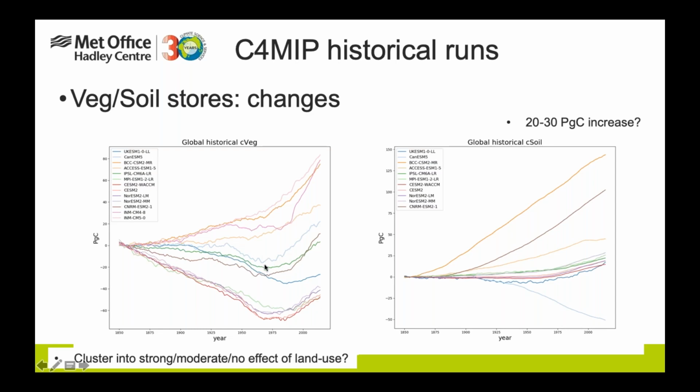Then you've got a cluster in the middle that have a slightly weaker response and are approximately carbon neutral by present day. And then you've got a couple of models up here that I suspect don't treat land use at all. That was certainly the case in CMIP6, that some models didn't have a land use change component. So again, there's a big spread in these changes.